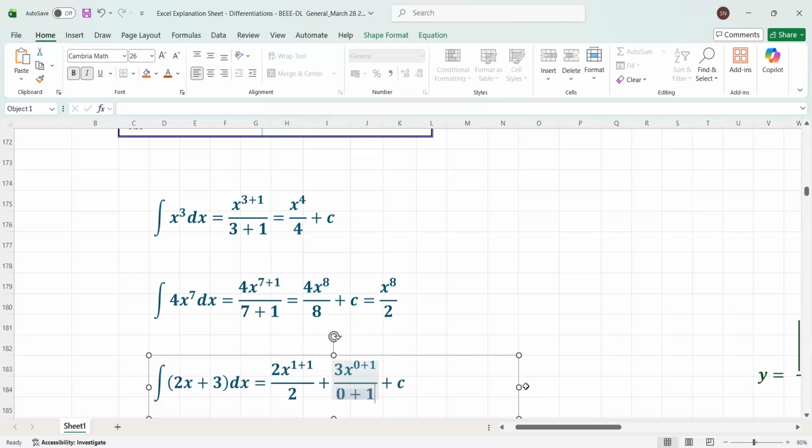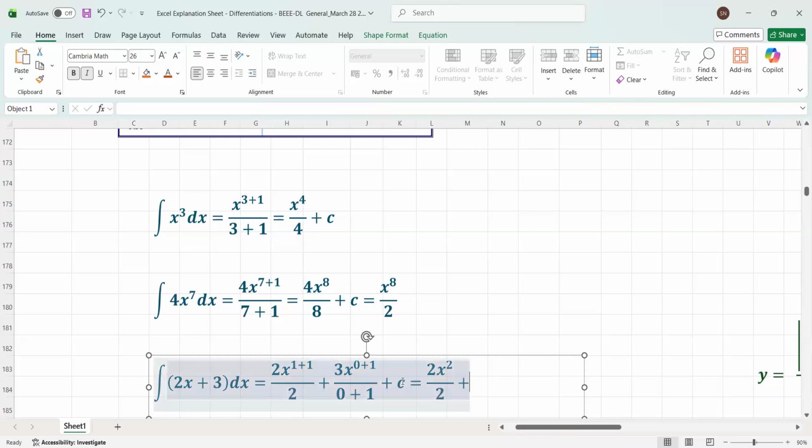Okay, so when you simplify this, it should give us 2x squared, a divided by b to get a fraction. This gives me 2x raised to the power 2, all divided by 2, and that means that the 2 will cancel 2. If I had seen it earlier, I would have just canceled it.